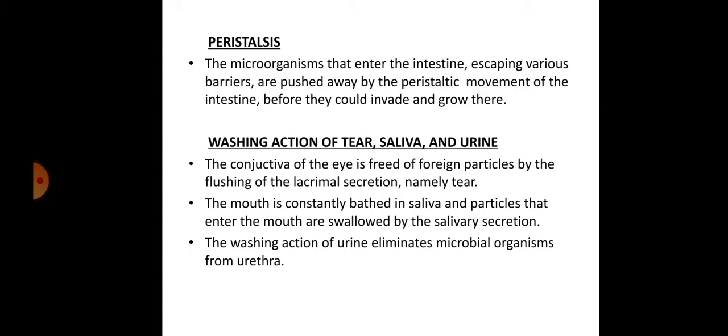Then peristalsis movement. This peristalsis movement is another movement of the body. If these microorganisms are so strong that they cross all these barriers and enter our body system, for example through the digestive tract, then by this peristalsis movement, where we contract and expand, these microorganisms are thrown out of the body from the intestine.